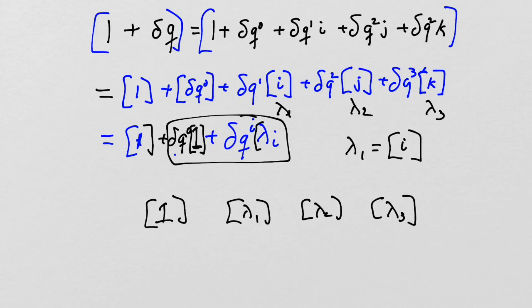I have to decide: do I want lambda 1 to mean the matrix that contains i, which is what I've been saying, or do I want to write the matrix lambda 1 where lambda 1 equals i?